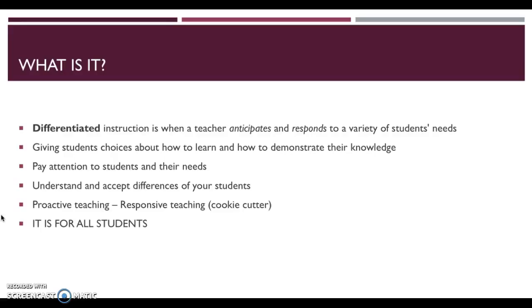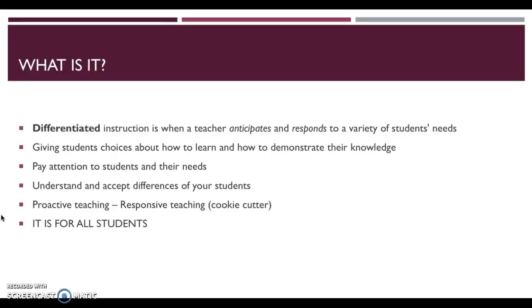So basically, we can give students choices about how to learn and how to demonstrate their knowledge. And like I said, we need to pay attention and become aware of them. Students are going to be different. We need to not just be accepting of those, but understand those differences as well, so that we can do our best to accommodate for them. So we also call it proactive teaching and responsive teaching.